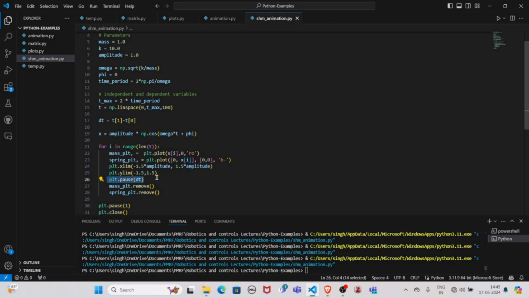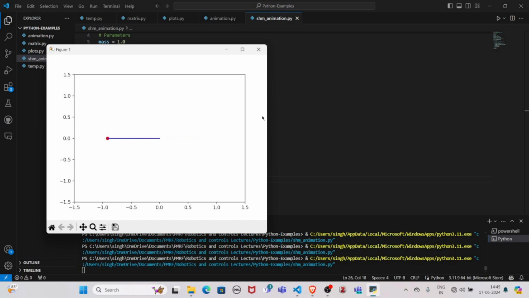This change, however, should automatically fix dt in such a way that it does not alter the speed of the animation. It follows the physics. So let's try to run it now. So the speed is the same, it's just that it will now run for 2 time periods.